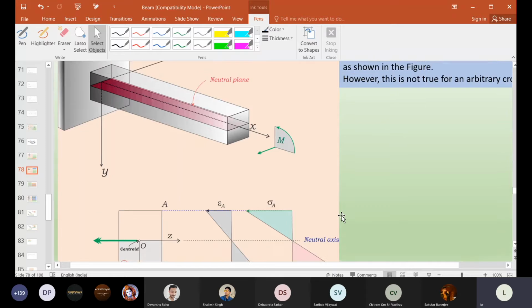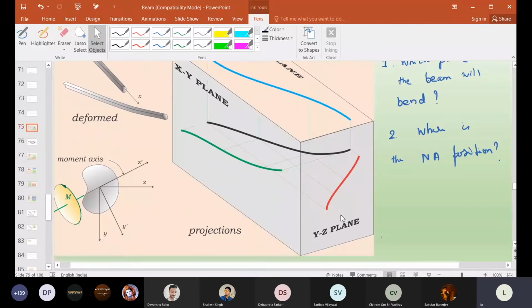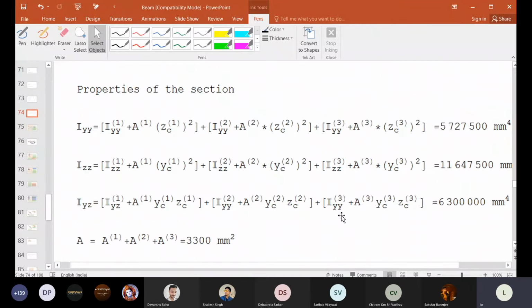That is the assumption we made in case of simple bending. I believe it is easy.